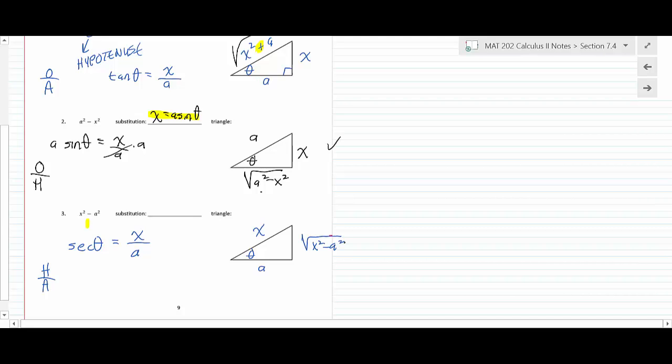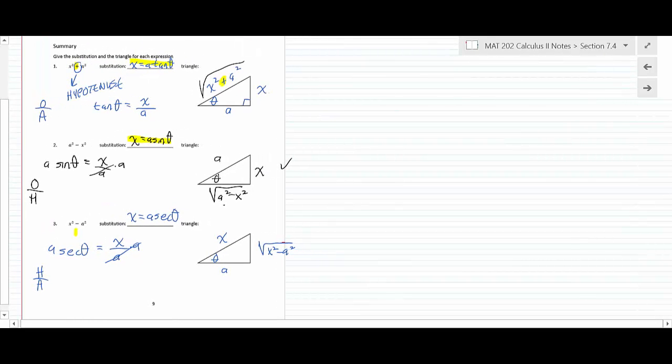So you always have x over a as your trig function. If you multiply both sides by a, you get x is equal to, for your substitution, a secant theta like that. Try to think of it that way so that you don't have to blindly memorize this. Again, if it's a plus, hypotenuse. Does that make sense?